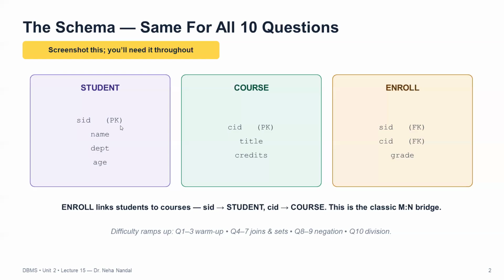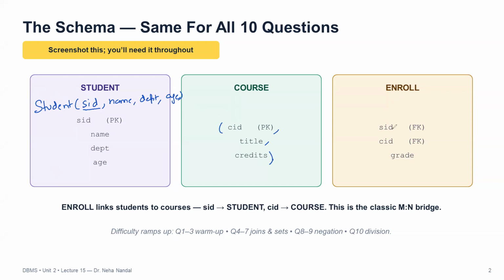We are given 3 schemas. The first schema is student, and its attributes are SID, which is a primary key, then name, department, age. In the same way, course: CID, title, credits.